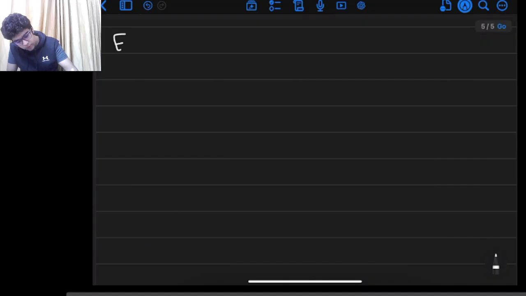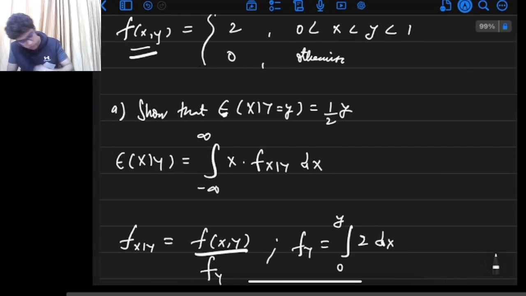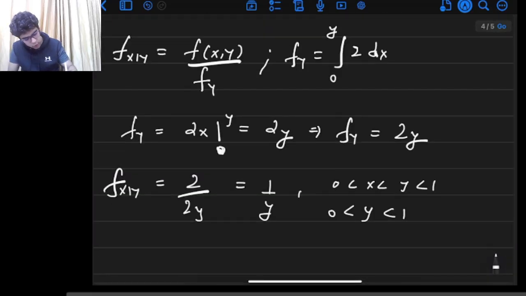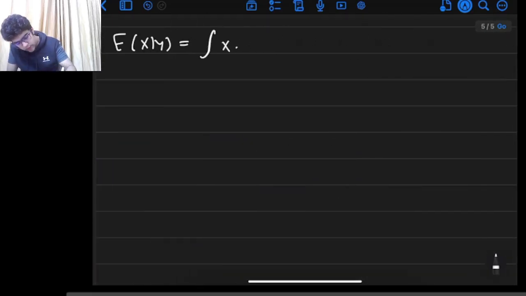Now I need to compute the expected value of x conditional on y. What does this mean? It is x times f(x|y), which was 2 upon 2y, which is 1 upon y. So x times 1 upon y dx, and my limits for x will be 0 to y.